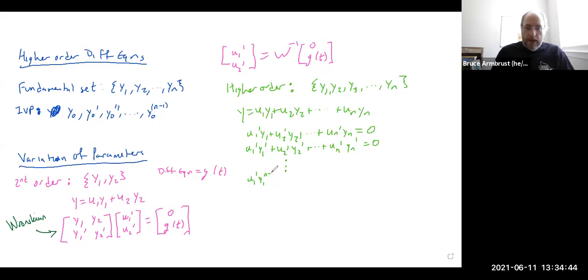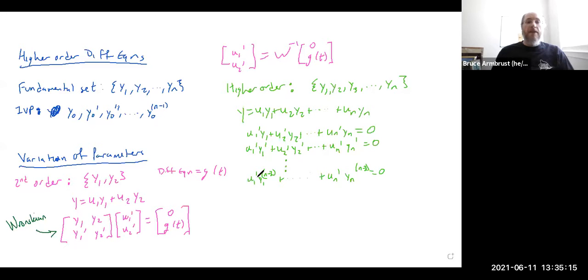Sorry, so it's going to be n minus 1 plus, and then all the way down here to un prime yn to the n minus 1 equals 0. But so these are our n minus 1 restrictions. No, I was right. It was n minus 2 because we started counting at 0.